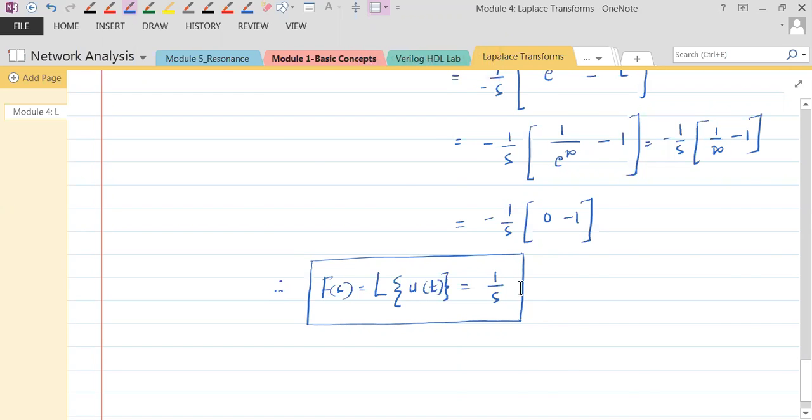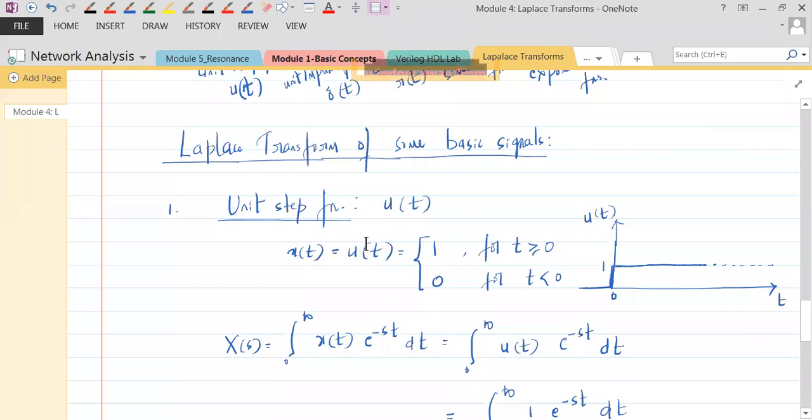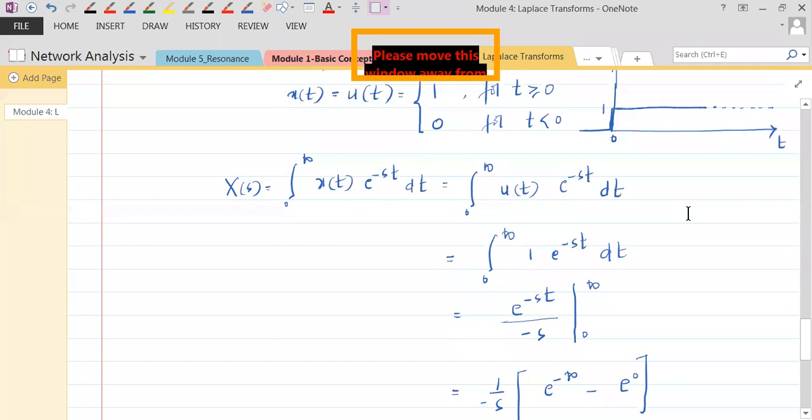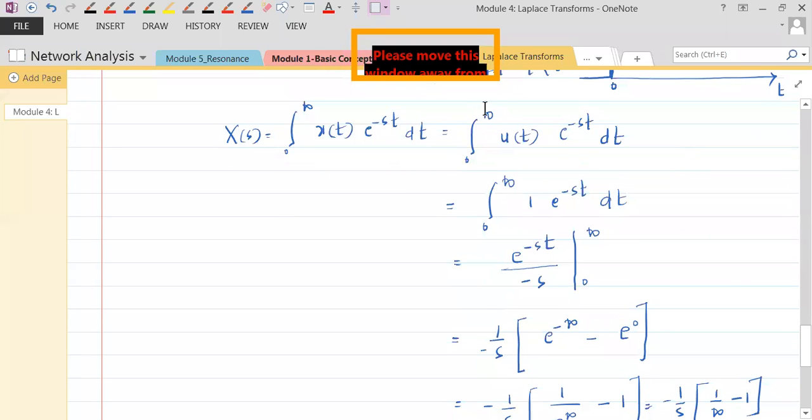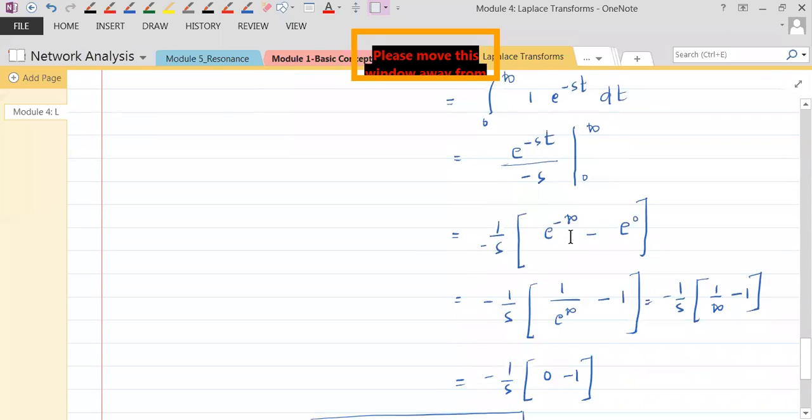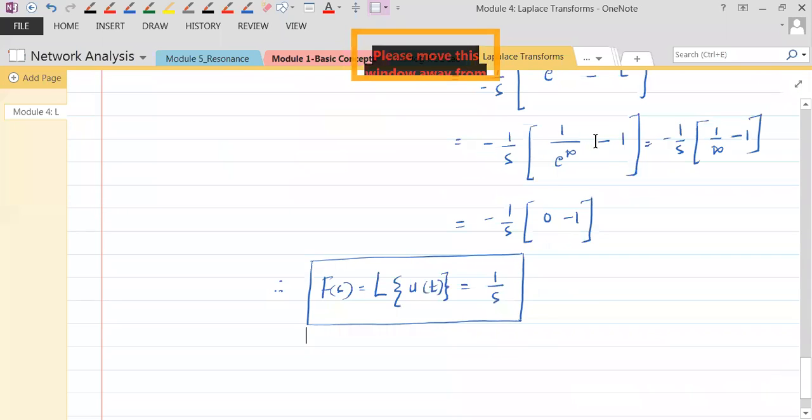We first have to understand what is u of t. U of t is a signal which is 1 from t equal to 0 to infinity. This is the formula that we need to use to find the Laplace transform, and we do the simple integration. Applying the limits of integration, we end up getting it as 1 by s. Everybody understand that?